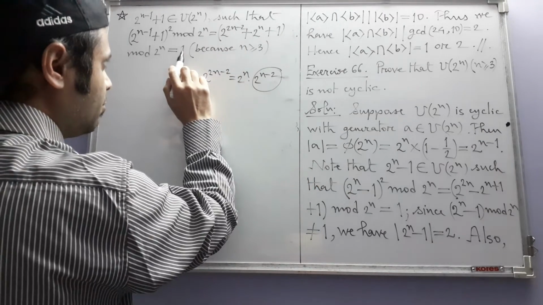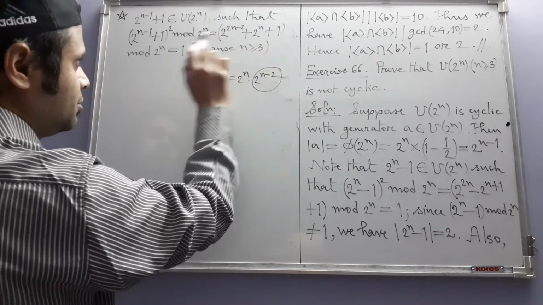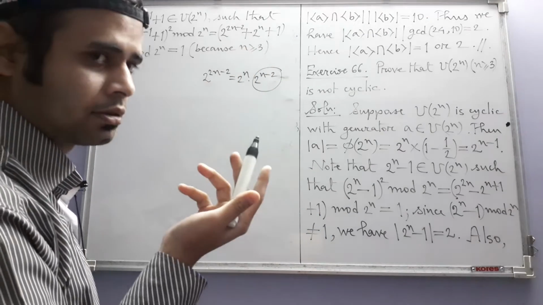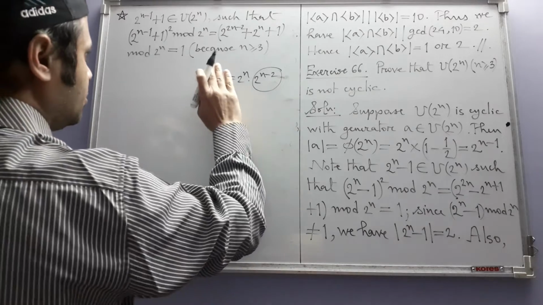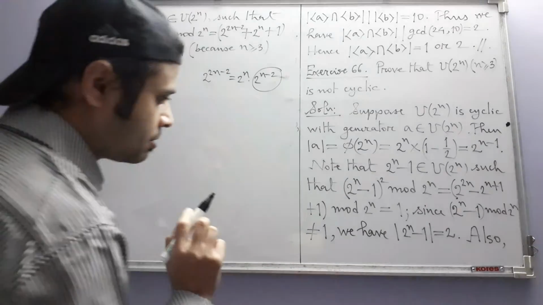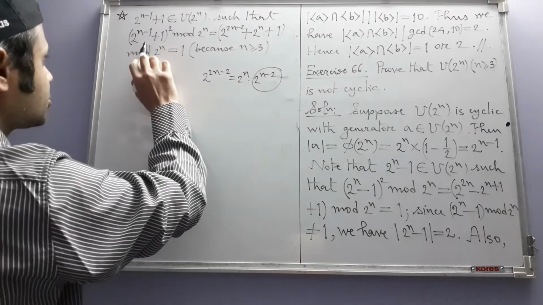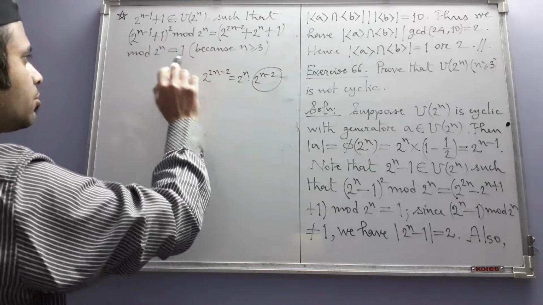That's why we have 1, and this of course is also divisible by 2 to the power n, it's 2 to the power n itself, and this one is 1. Okay, so in this group, this element also is 1 whose square is the identity.